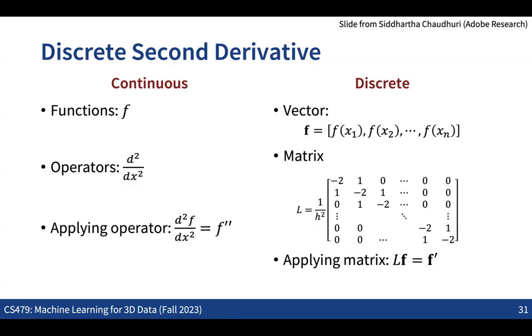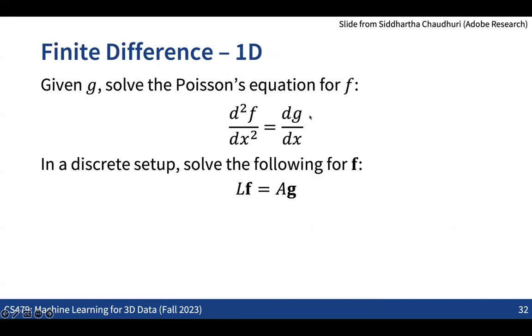This can be done for all the operators and functions that we have. Given Poisson's equation, we are finding the function f in a way that the second derivative of the function becomes the same as the first derivative of the given gradient function here in the 1D case. We can discretize this setup by defining the second derivative matrix here and the first derivative matrix here.